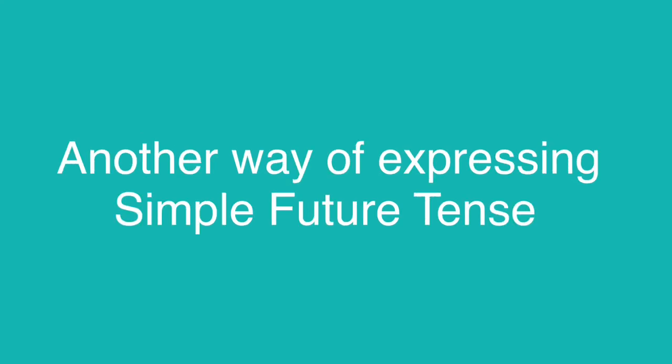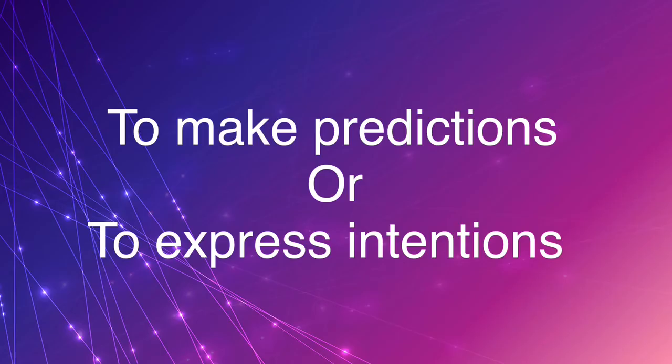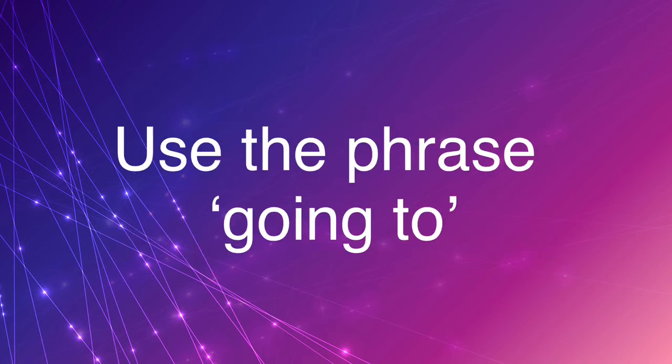There's another way of expressing simple future tense. To make a prediction or to express the intention to do something in the future, we use the phrase going to. Here's the structure.